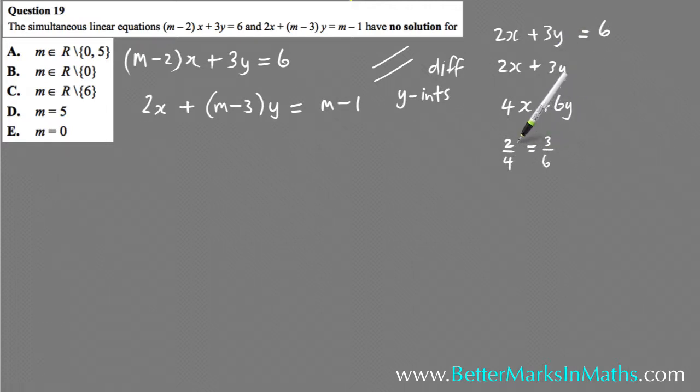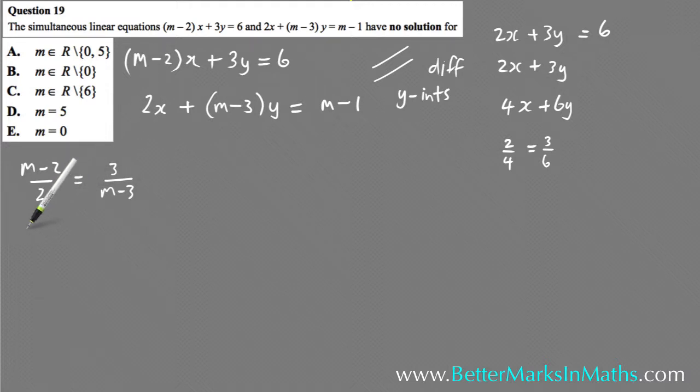If those ratios are equal, then the lines are parallel. So in this first step, I'm going to use those ratios to find the values of m that will make the lines parallel. All you do is go m minus 2 over 2 and let that equal 3 over m minus 3, and then rearrange until you get m equals something.